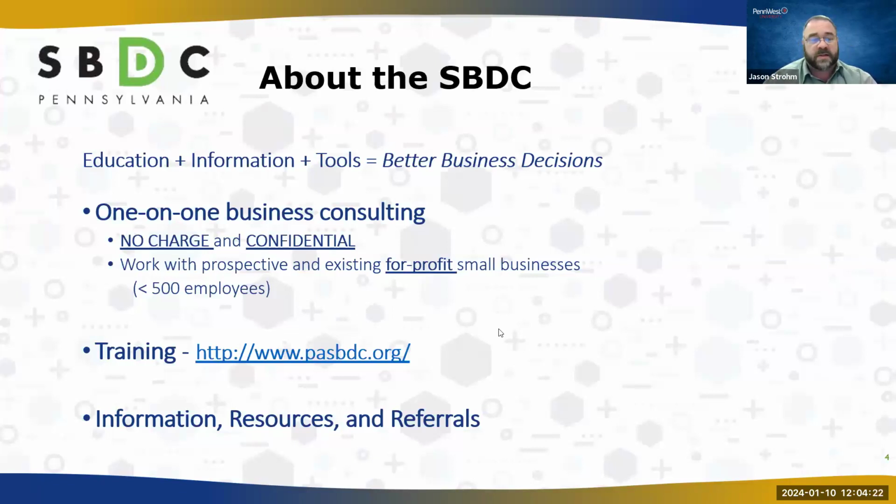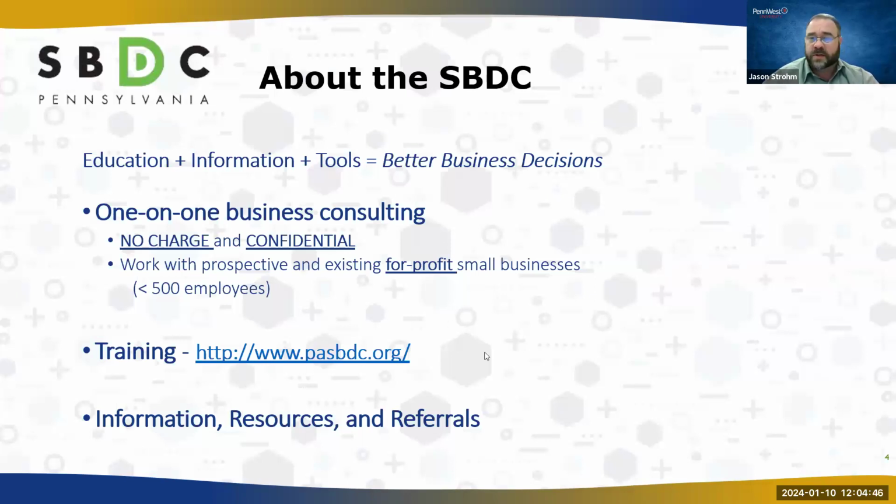Your last year's taxes are paying this year's salary, if you think of it that way. And it's confidential for the most part. There's some things we report, but for the most part, when we work with clients, it's almost all exclusively confidential. We assist small businesses that are for profit. It can't be a nonprofit or a not-for-profit. And they have to be small businesses, which is qualified as 500 employees or less.